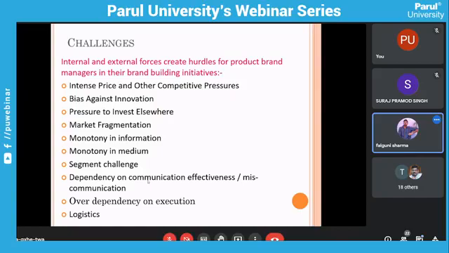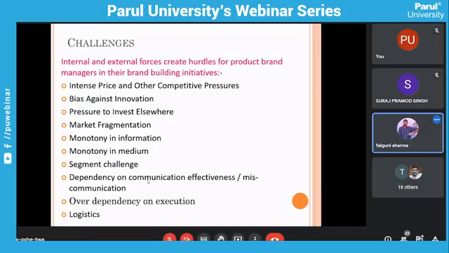Over dependency on the execution. Definitely, in brand management, the product owners or brand owners are only able to develop the strategy. They can tell you how to proceed, but the implementation is down the line, particularly the sales force.